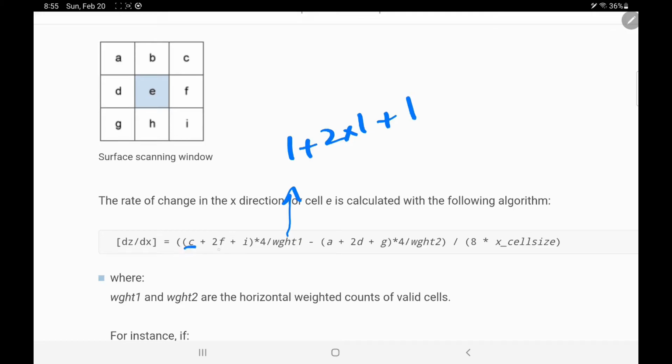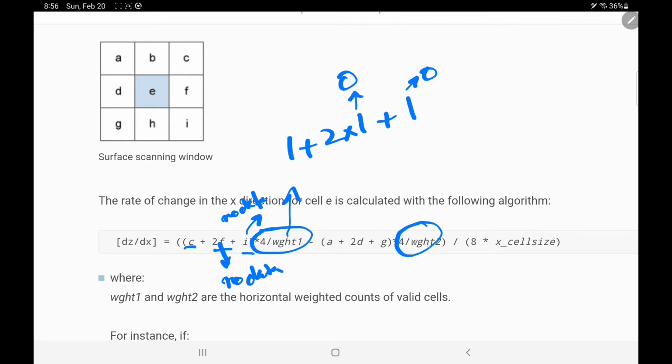Now here you have C, F, I. If the value in F is no data, then this 2 times f will become 0. If you have no data in I, this will become 0. And you have this as your weight, 4 divided by weight 1 and 4 divided by weight 2.